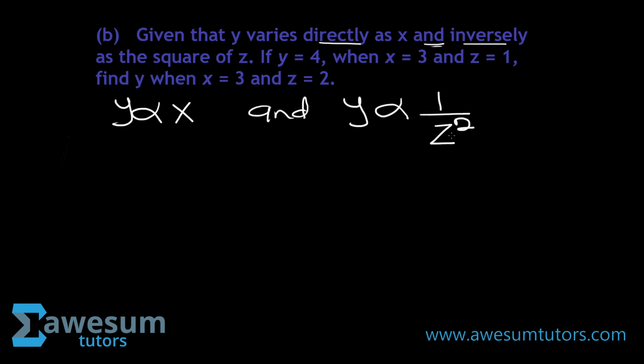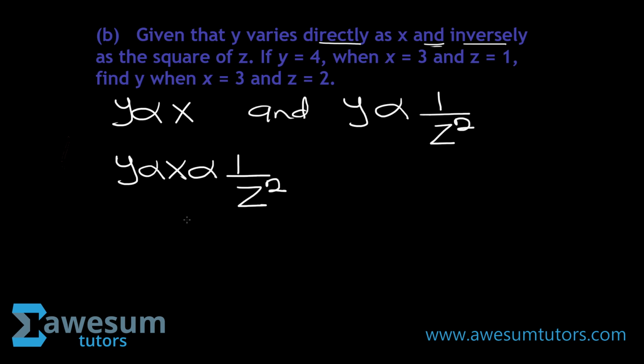Now that we already have this, what you can do is combine these two together. So it means that y varies directly as x, and also varies inversely as the square of z.